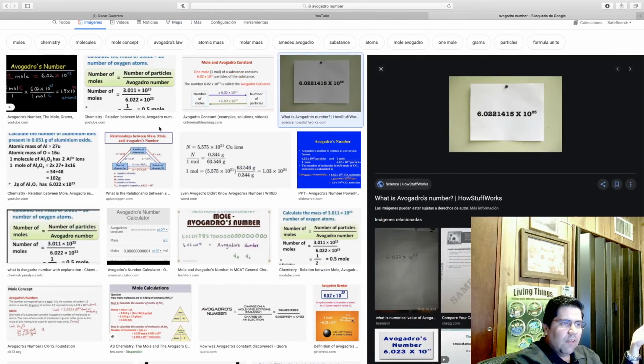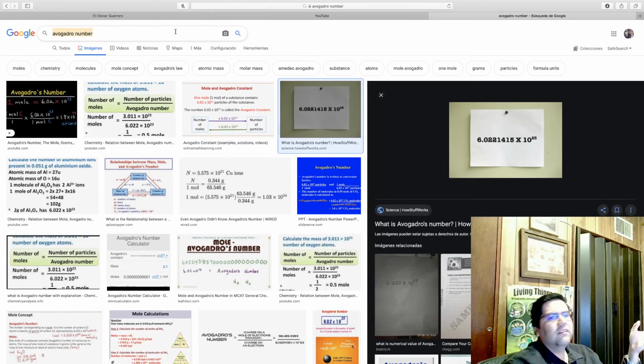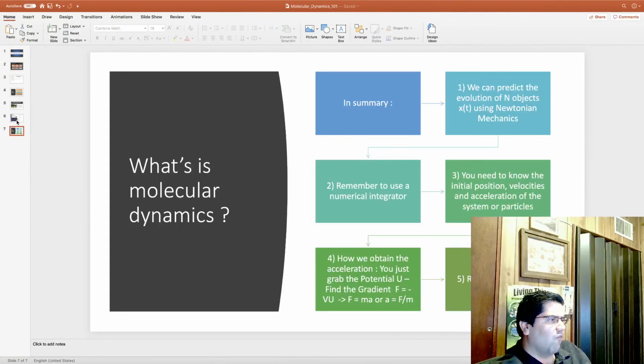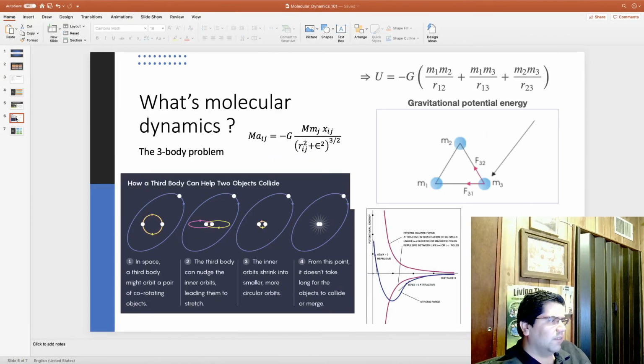The answer to that is that we have to go into what is called statistical mechanics, because if you remember, when we are working with large quantities or a large number of particles, we use statistics, okay?